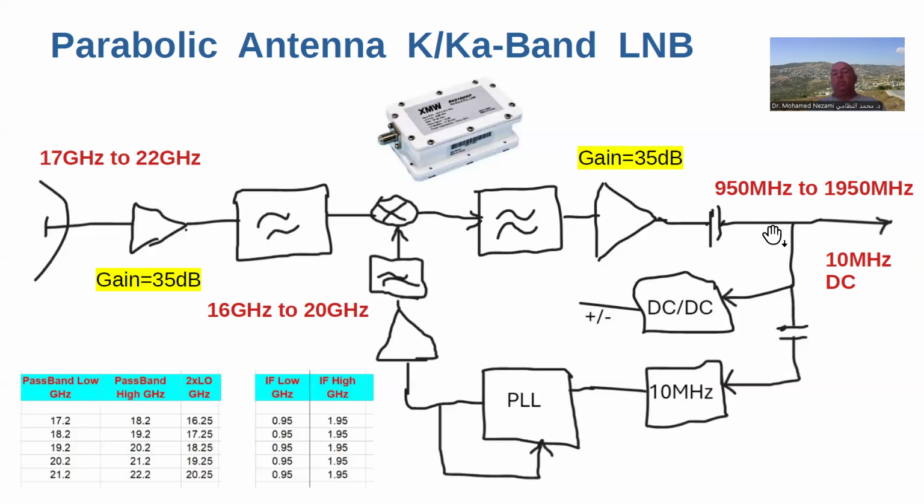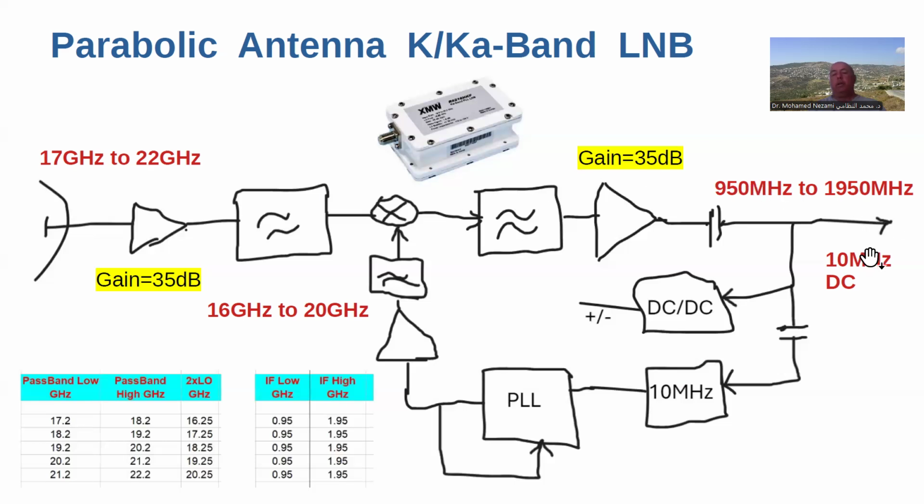While you're sending down the RF signal that has the modulated signal in this band downward, there's also, from the indoor unit, DC coming up the transmission line. This is just an example from one of the manufacturers: a typical LNB, with waveguide on one side and an SMA, N or F connector on the other side.